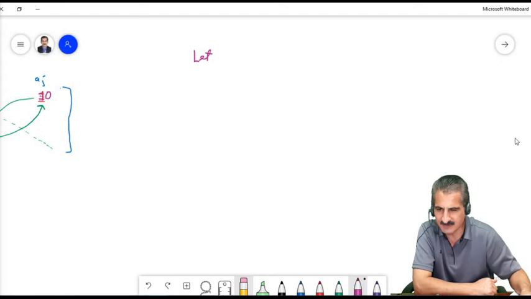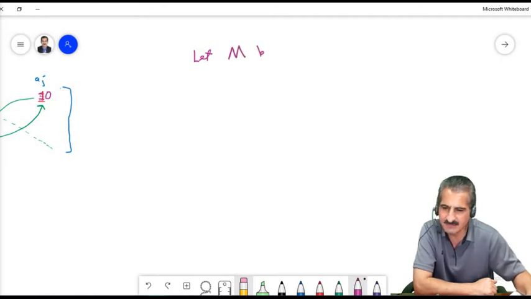It's a transpose. Let A be a matrix. Let's use different letters. Let me use M, because we are using A here for a set. Let M be a matrix.